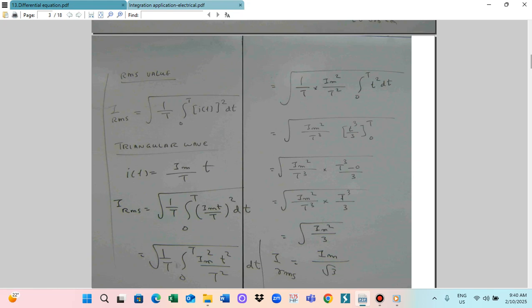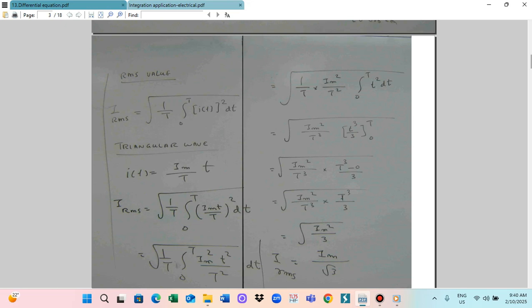Then you have to integrate t square dt, so this becomes the square root of Im square by T cube, times t power 3 by 3, where the lower limit is 0 and the upper limit will be T. So we have to substitute the upper limit and the lower limit.